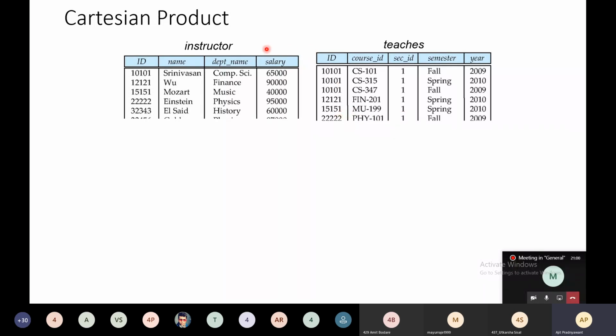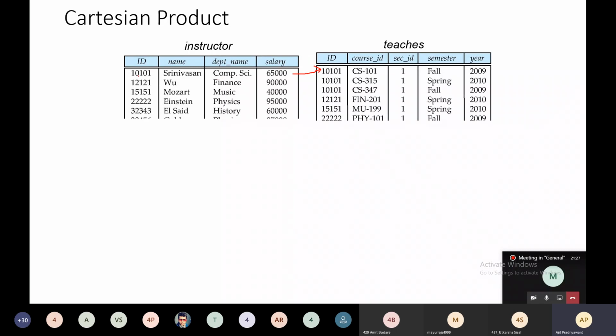These are the two relations. First is instructor and next one is teachers. So what is Cartesian product? Cartesian product means every tuple in the first relation, that is instructor, is mapped with every tuple in the second relation.